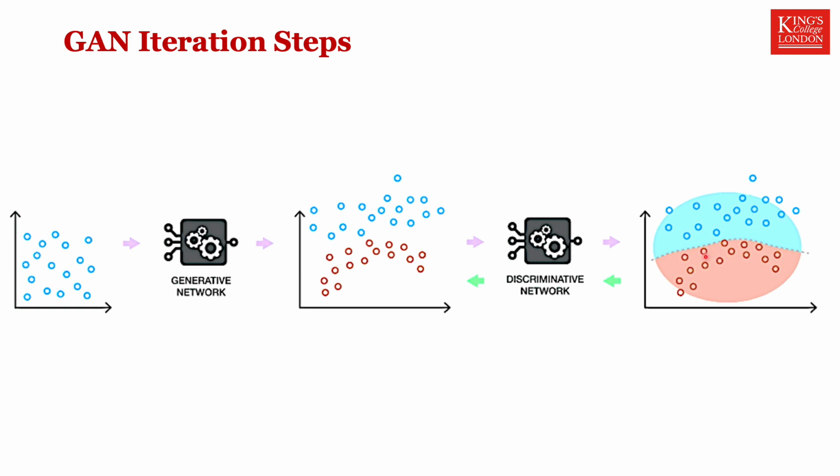When we backpropagate through the network, we can basically tell the generator to optimize for the inverse of what the discriminator is normally going to optimize for. So the discriminator is going to try to find the best hyperplane, but we want to optimize the generator to minimize the discrepancy of the discriminator itself.